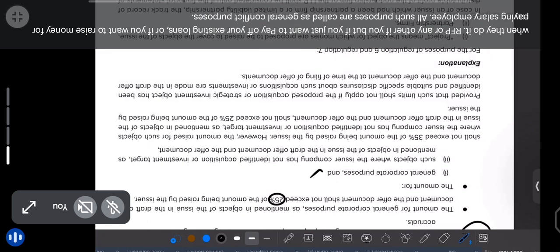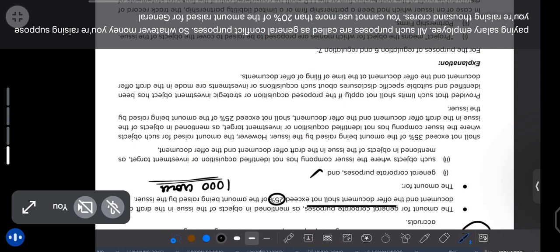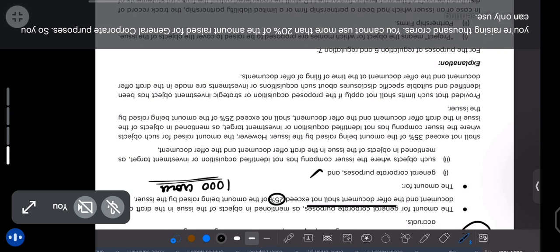So whatever money you're raising, suppose you're raising 1,000 crores, you cannot use more than 25% of the amount raised for general corporate purposes. So you can only use 250 crores out of the 1,000 crores for general corporate purposes.